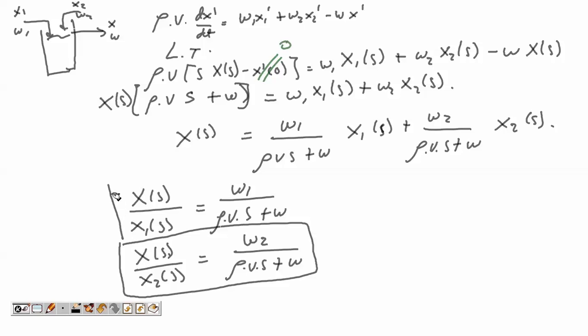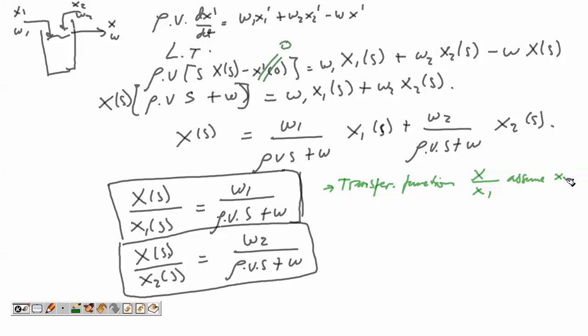So X over X2(s) is W2 over (rho V s plus W). This is the transfer function of the output with respect to x1, assuming x2 is constant.